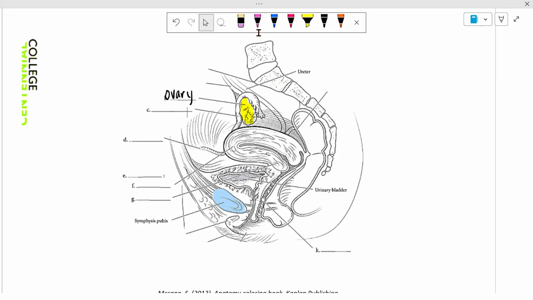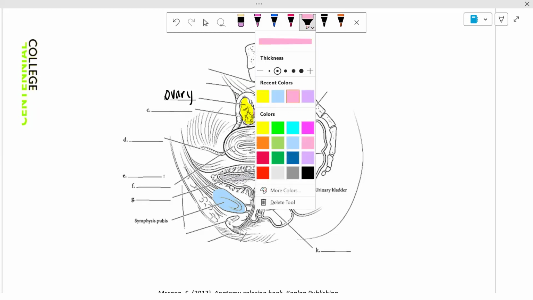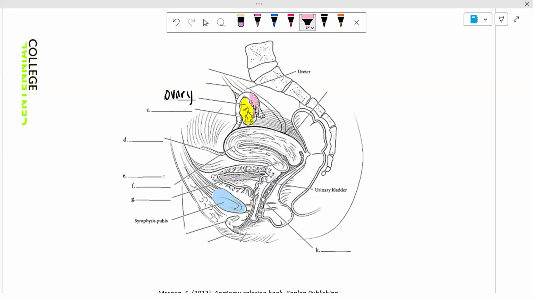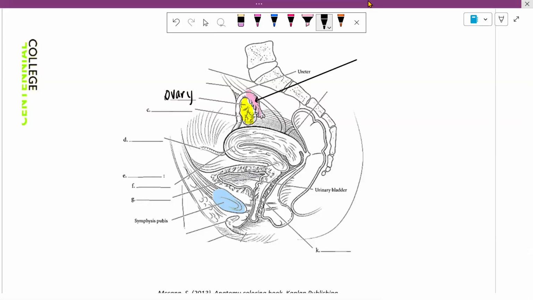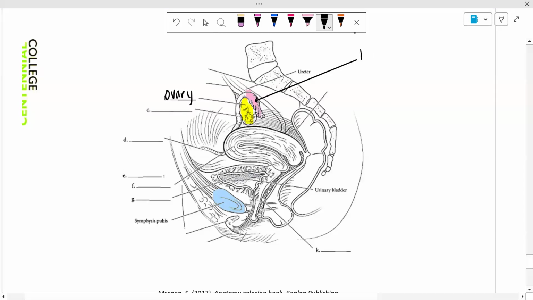Now, connected to the ovary, we have this little structure right there. I know they don't have a line pointing to it, but we can add our own. This is the fimbriae, which are there to help guide.